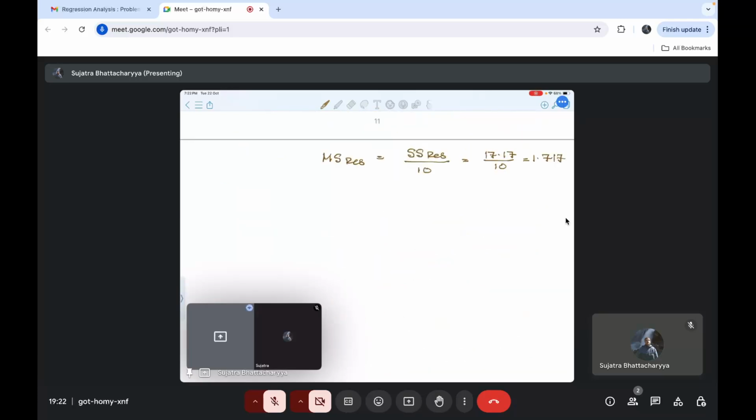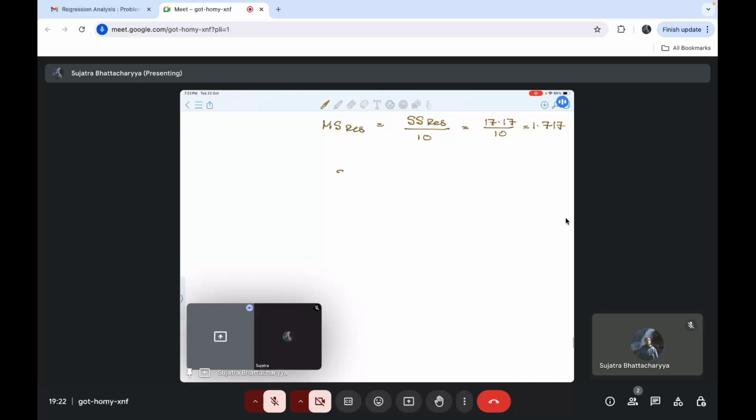Now let us do what we generally do. It is not being asked here, but let us just quickly do the significance test: whether the beta 1 and beta naught we estimated are really significant or not. For that, we generally set H0: beta 1 is equal to 0 and H1: beta 1 is not equal to 0, at 5% significance.